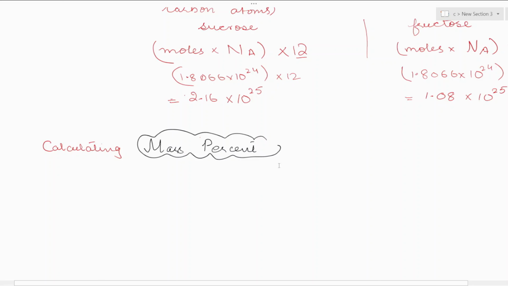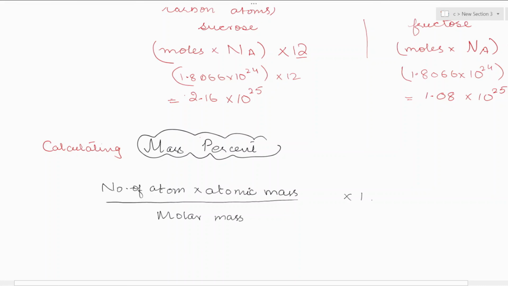The formula is simple: number of atoms multiplied by atomic mass, divided by molar mass, multiplied by 100. Because it's a percentage, we have to multiply it with 100.